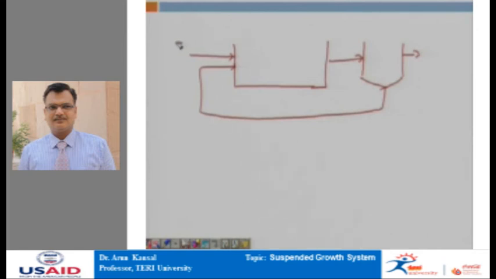Now, suppose initially the BOD is 300 milligrams per liter. By the time wastewater leaves, the BOD reaches the disposal standard of 30 milligrams per liter. I am talking in terms of soluble BOD. That is, the BOD is decreasing linearly from this end to this end.